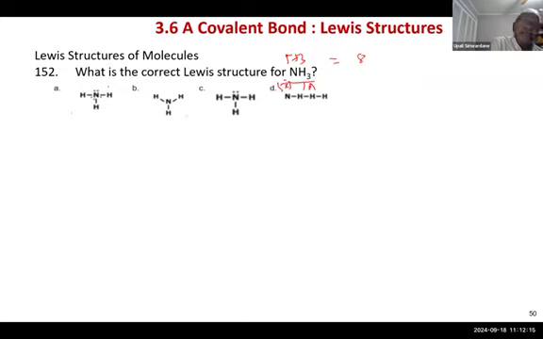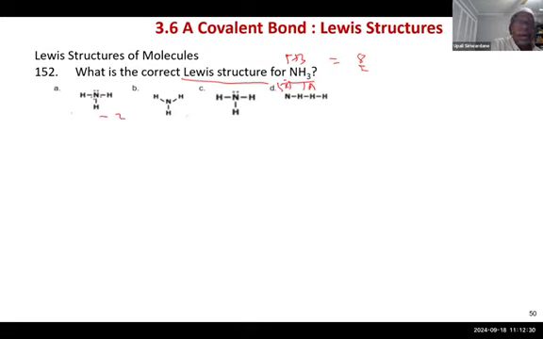If you look at the Lewis structure, it should have 8 electrons. Each line is 2 electrons. Each dot is 1 electron.